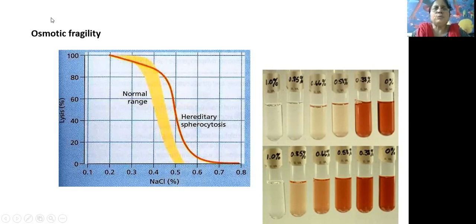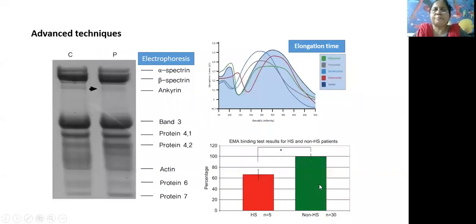This is due to, now you understood, imagine a dumbbell or donut and a balloon. Which one can accommodate more water? The donut shape. Okay. So the normal RBC is like that. So this will accommodate more saline, but this cannot accommodate, so it lyses.